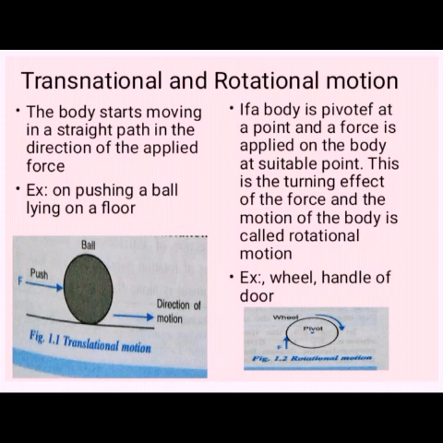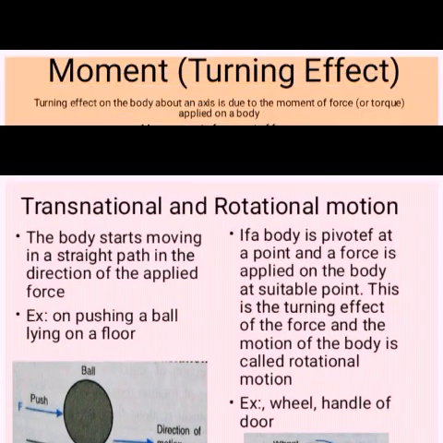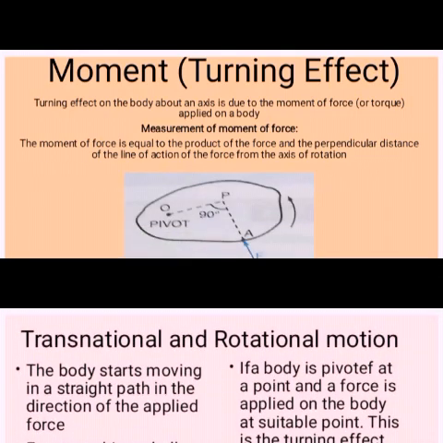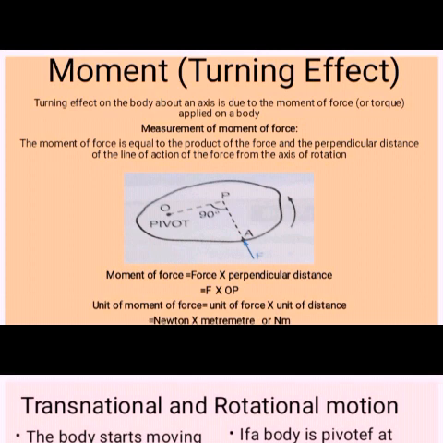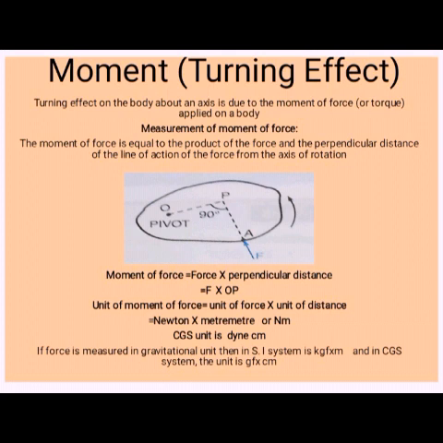So here we need to consider an irregular lamina, that is in the figure 1.3 in this coming slide. In this irregular lamina, in the sense any irregular shaped body which you can see in the slide, is fixed not at the center; you can see the pivot point, that is O. Here if the force is applied horizontally on the body with its line of action in the direction AP, O is fixed at its left side, but we are acting the force from the F side, that is the blue line, FA.